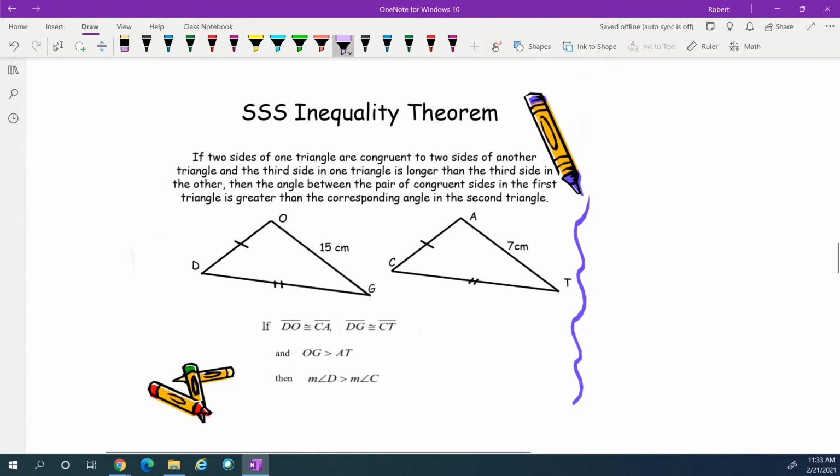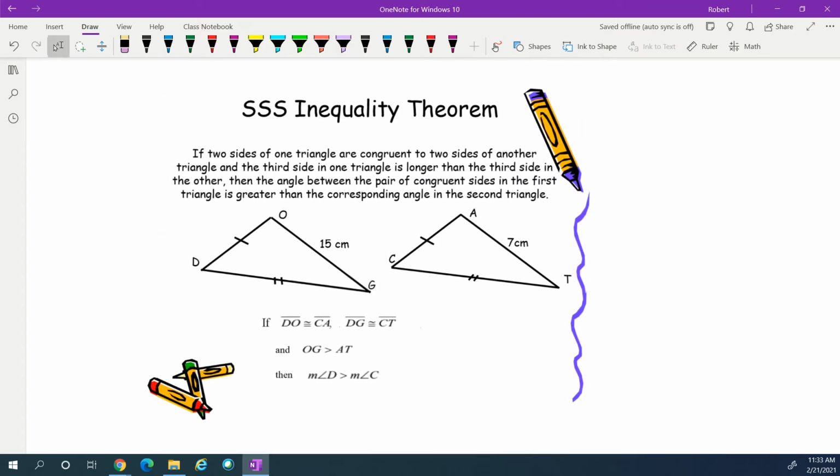SSS inequality is the same idea in reverse. Look at our pictures. Those sides, those segments stayed the same. But now we know the sides, and we're going to find out about the angles.